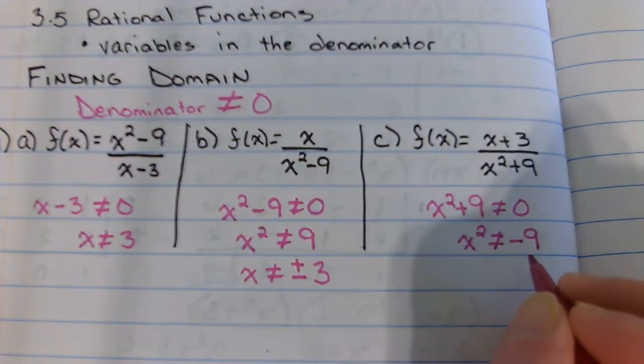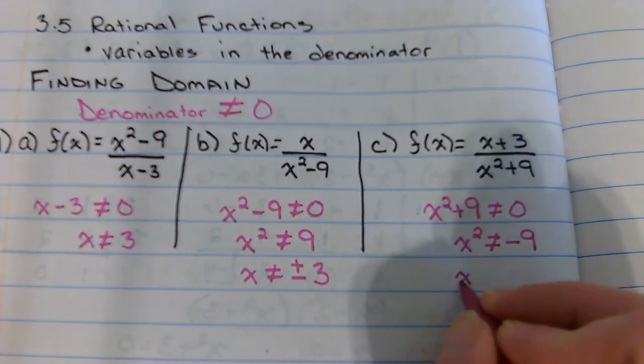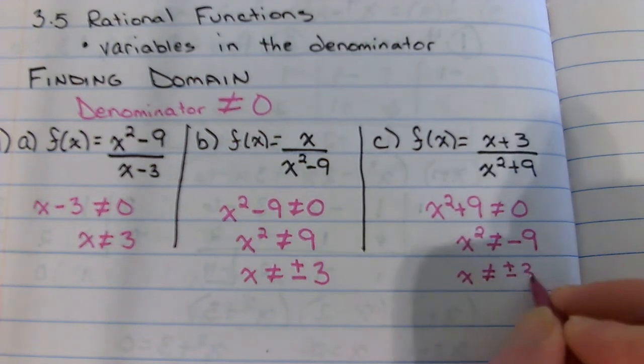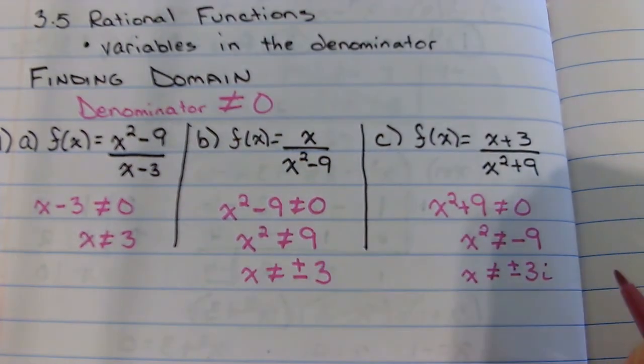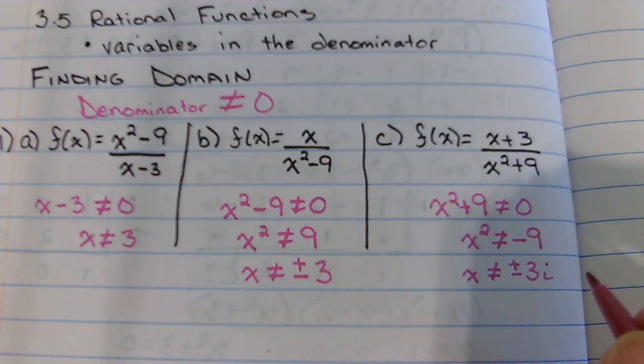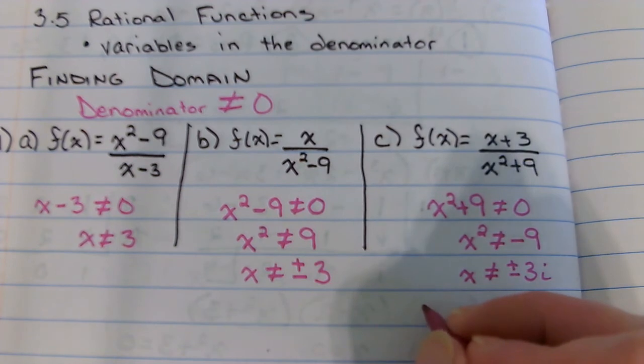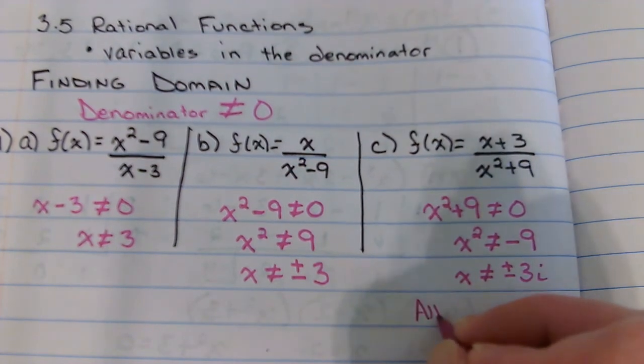Well, that's a square, it's a negative number. This is an imaginary answer. So normally when we talk about domains, we're talking about all real numbers. This is not a real number, it's an imaginary number. So that means my domain is all real numbers.